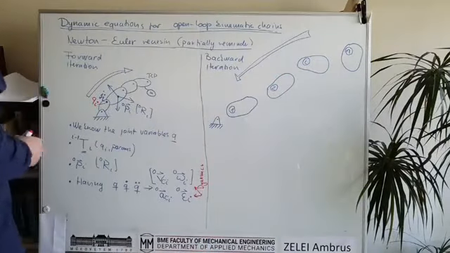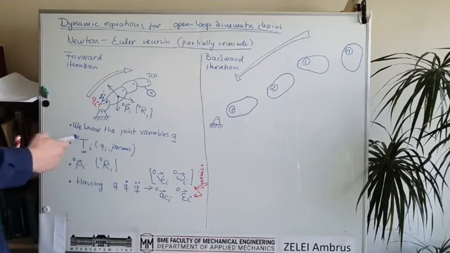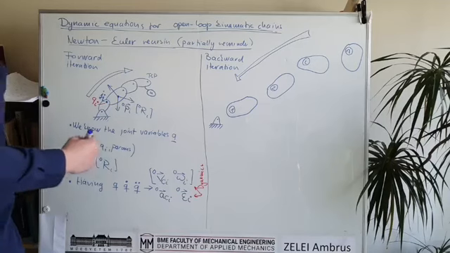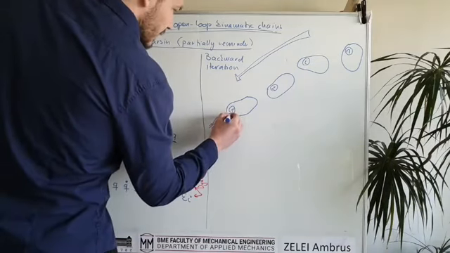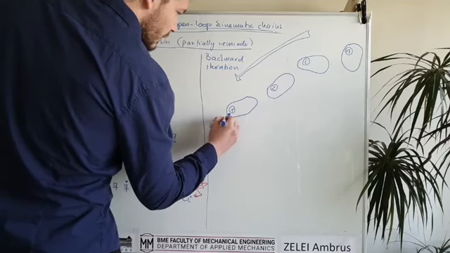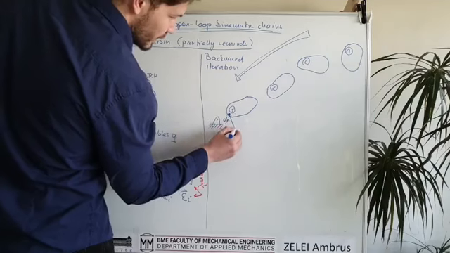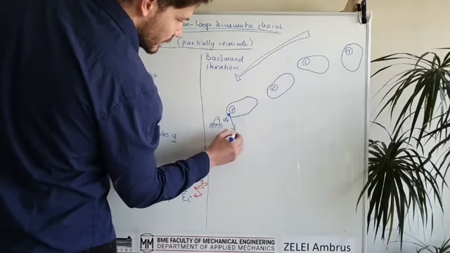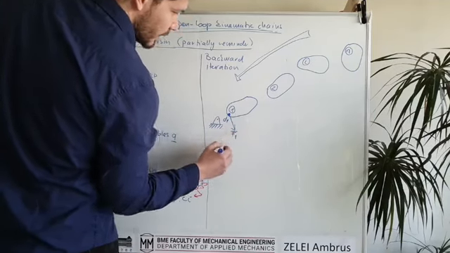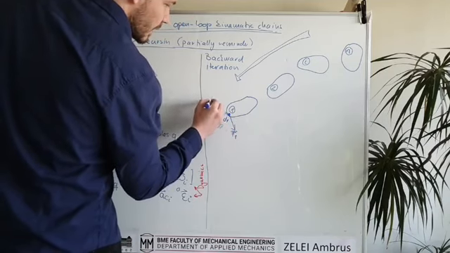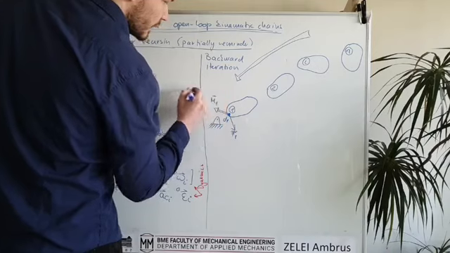So let's draw the figure. For example, for the first link we can draw something. This is for example joint 1, and there is a joint force here, F1, and also some joint torque M1.